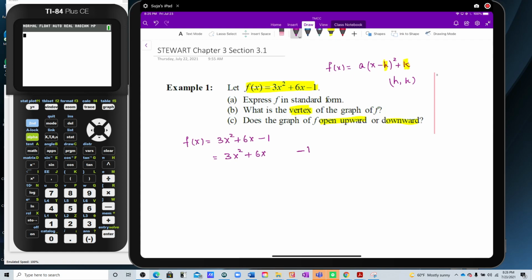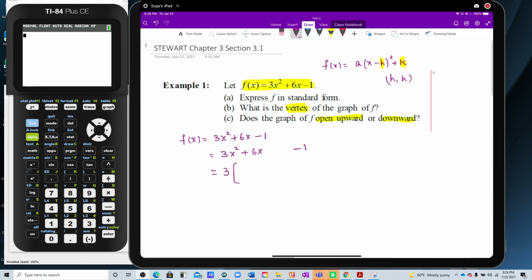The first step is factoring the 3 from your given polynomial. The best way to do it is to factor the 3 while keeping the negative 1, so that whatever adding and subtraction I do will stay within the parentheses.